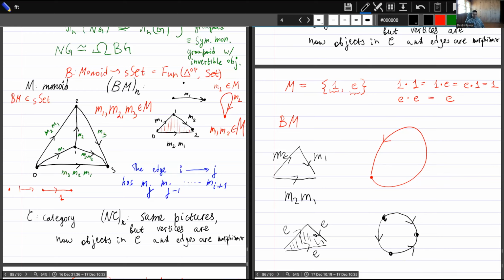And what is happening now is that we are going to glue this disk to this picture, and all 3 vertices here will be glued to this vertex here.